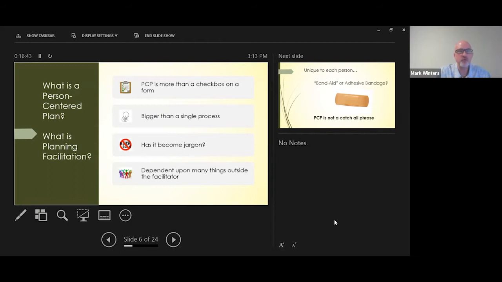And true and good planning really is dependent upon many things, not just the facilitator, not just the person like me who's trained to come in and facilitate that process and be a part of it for a short period of time. It's about the development of a circle of supports and about creating a situation where that ongoing support can be fostered. So we'll talk a little bit about that today as well.